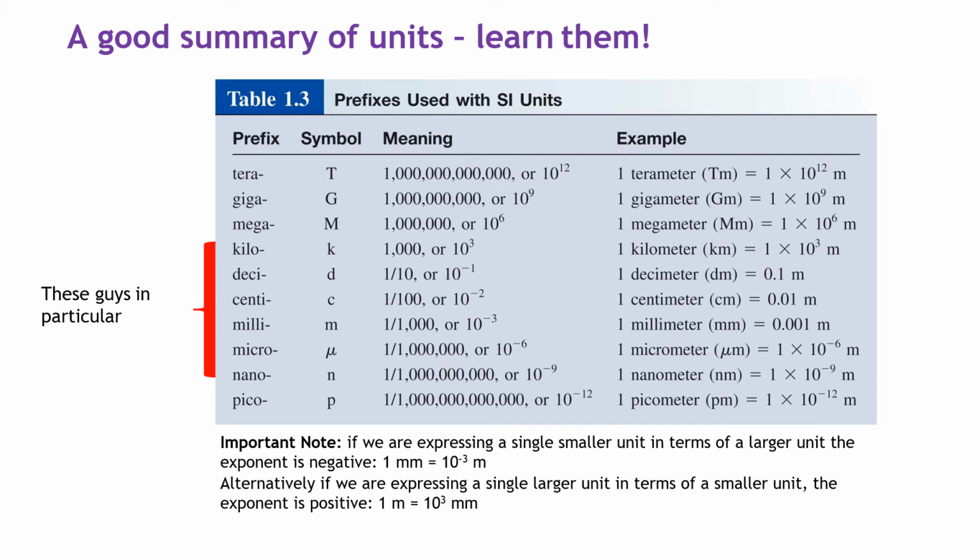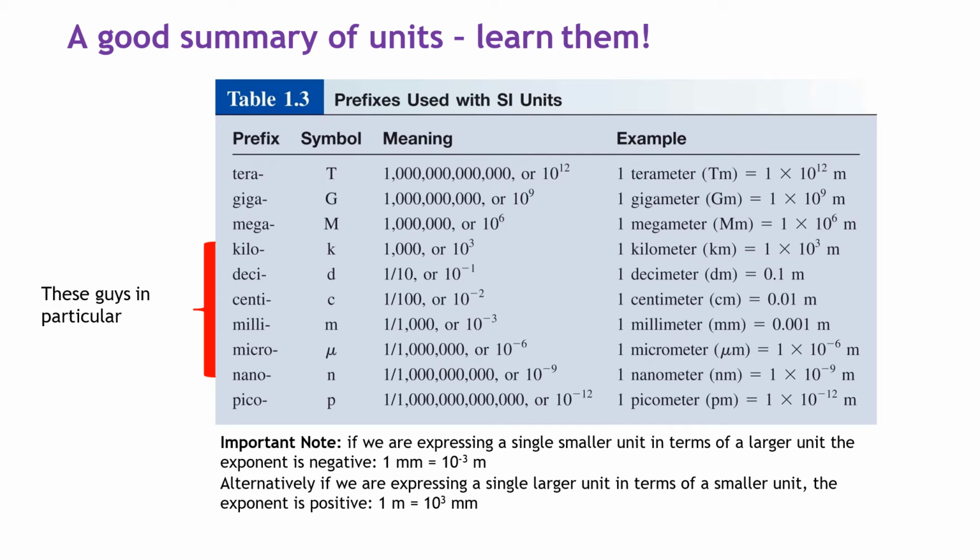Now we can, as always, do this the other way around. If we want to take our 1 meter and express it in terms of millimeters, this means we're going from a single larger unit and we're making it equal to a smaller unit. Well, it follows that that has to be a large number. That has to be 10 to the third millimeters.